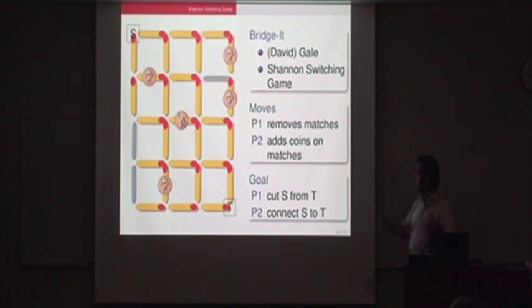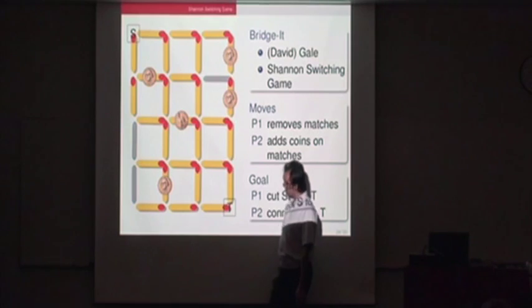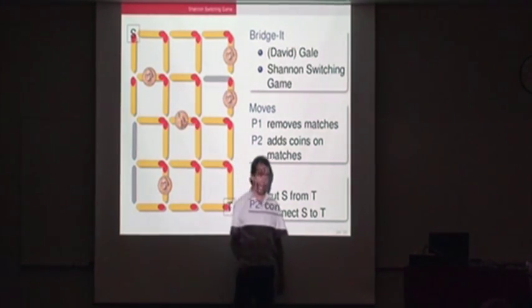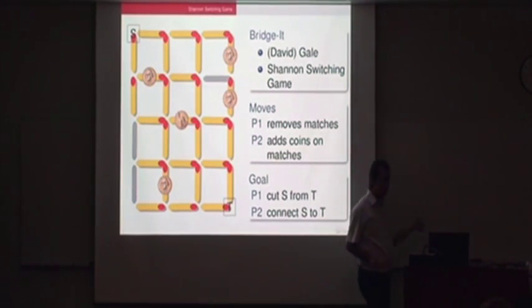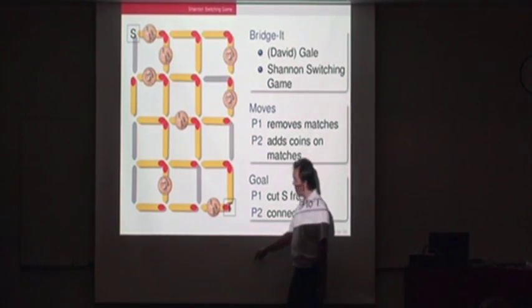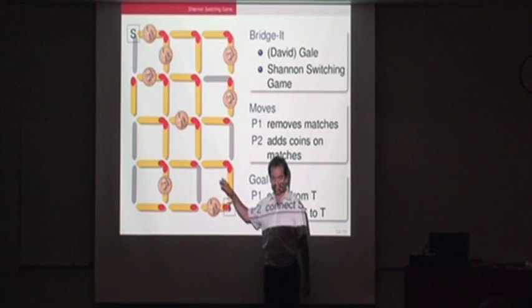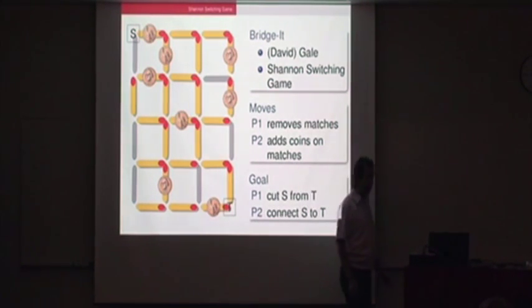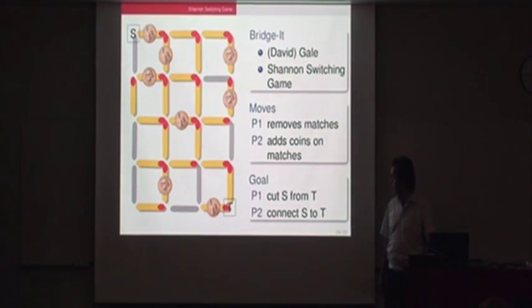So let's say this is a starting position. The connecting player has placed a few coins already, and the opponent has removed a few matches. And how will the game proceed? Maybe the disconnecting player wants to disconnect S from the top, then connecting goes on, and at some point the connecting player realizes that, oh, T is about to be disconnected, so I'm going to do something fast, but it's too late.